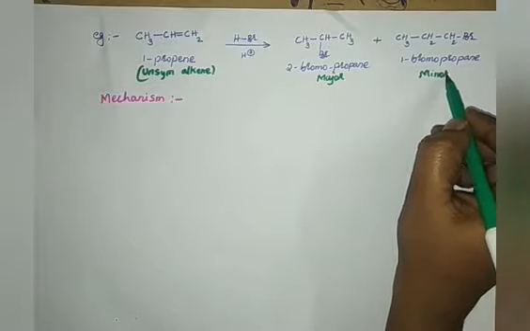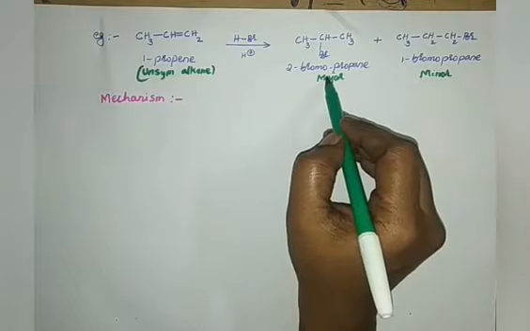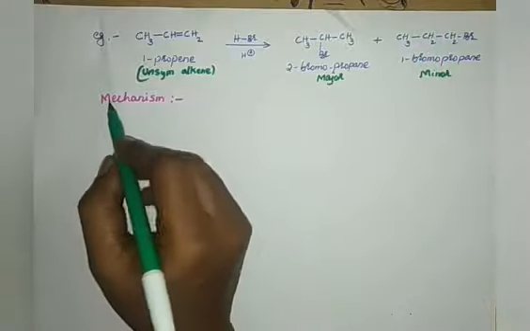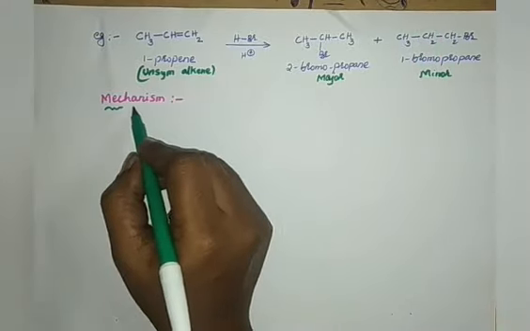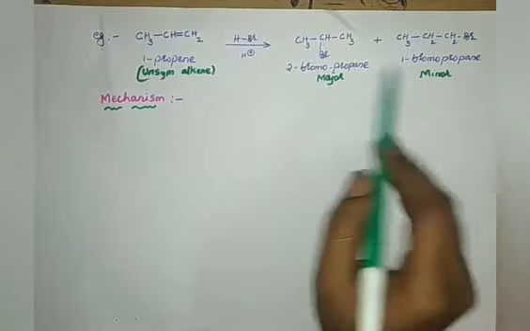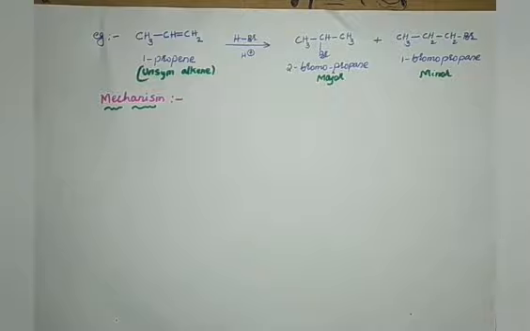So, in order to understand why this is forming as the major and why that is forming only as the minor, we need to go through the mechanism. We need to understand the mechanism to justify which is major, which is minor, and why. Right? So, let us see the mechanism of this.